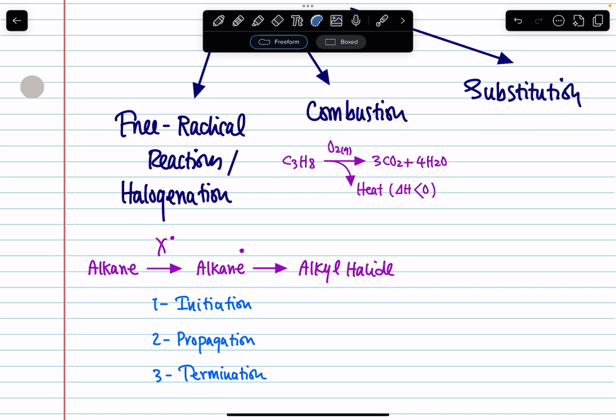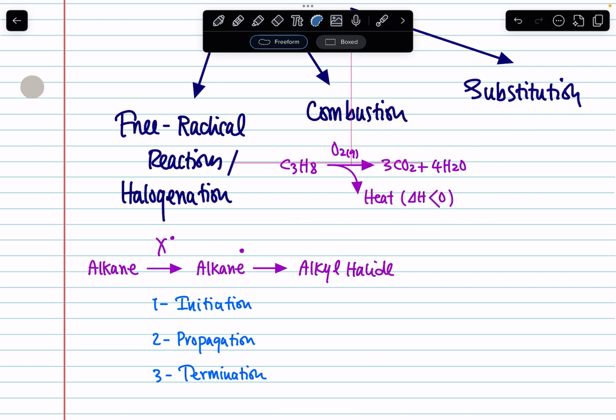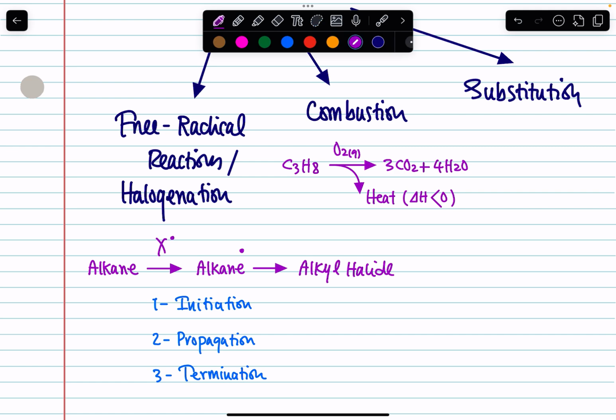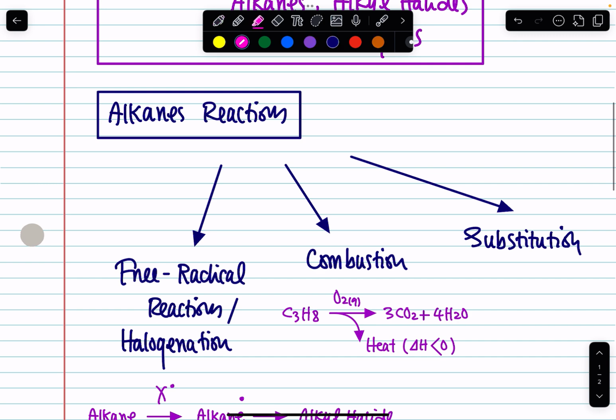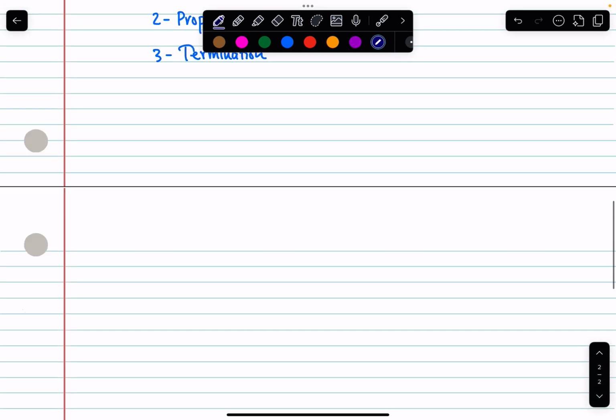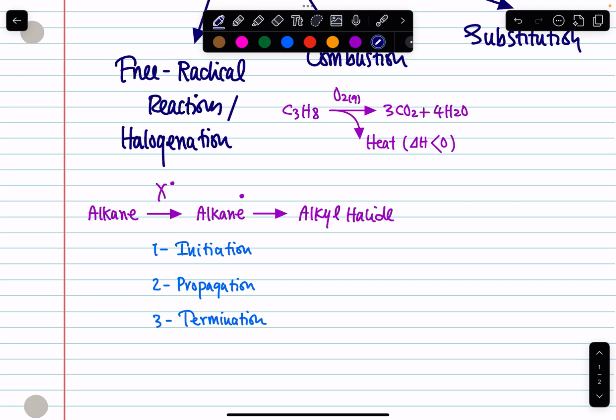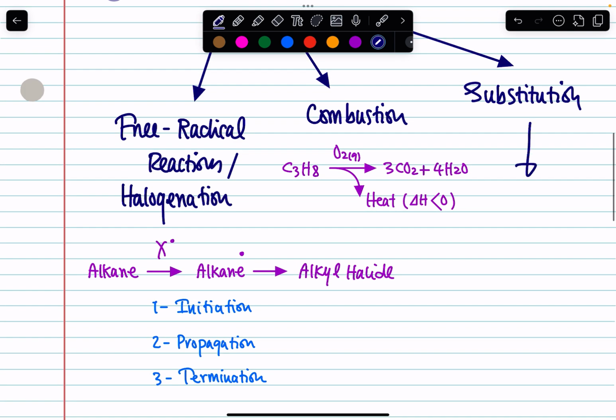And finally, substitution. When we think about substitution, you have to really think about different types of species that we use for substitution. So there are species specific for substitution. Let me just mention something.